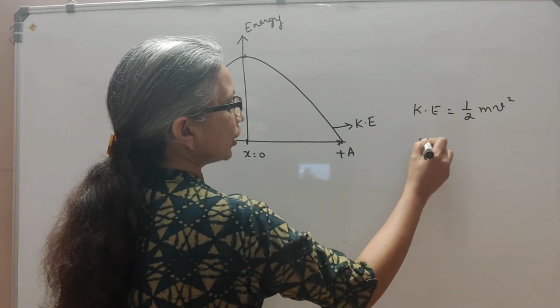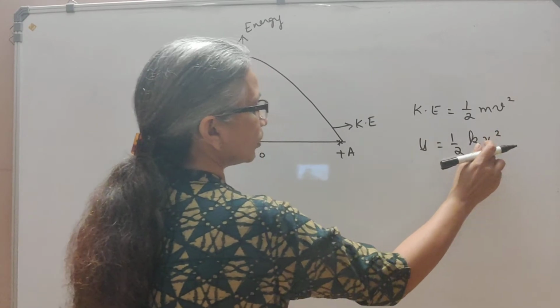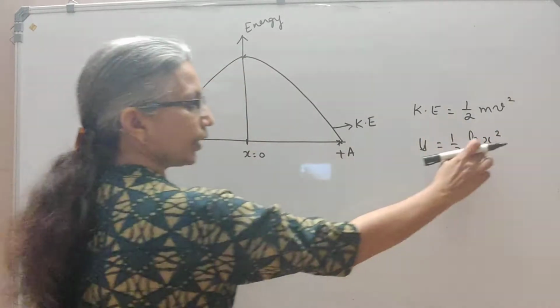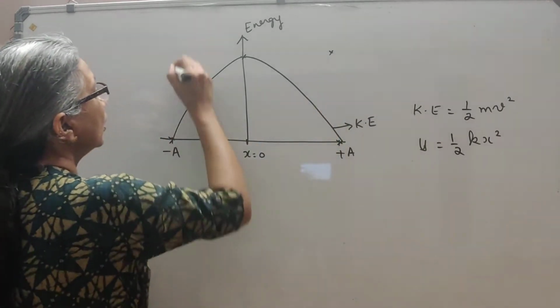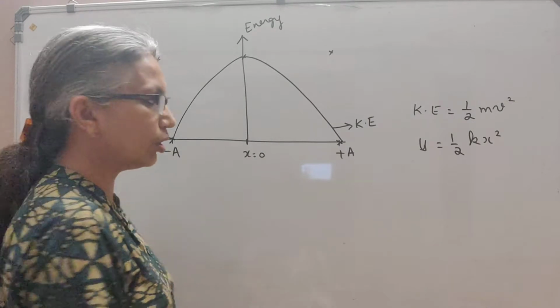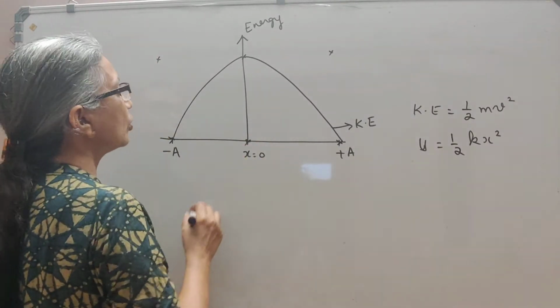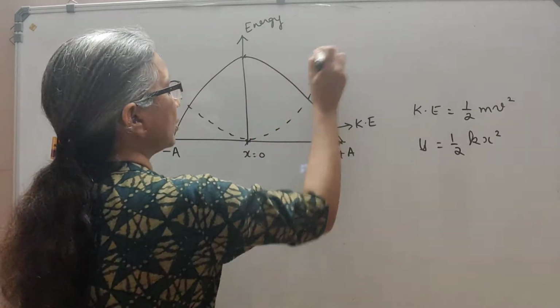Whereas for your potential energy, you will be using the formula half kx square. So at the two extremes, where x is maximum, you have maximum potential energy. That is here and here. But at the mean position, when x is 0, you will have the minimum, 0 potential energy. So we will represent it using the dotted curve here.